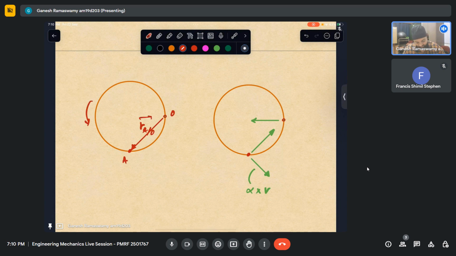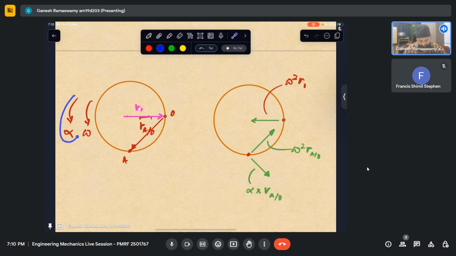And this is having omega and alpha. This is acceleration of O itself, which is omega squared R1, where R1 is this. This is R1. So this is having that omega square R1. Then with respect to O, this is having a centripetal acceleration. This is omega squared R, A with respect to O. And this is alpha cross R A with respect to O. Because of this alpha, it will have an acceleration like that.